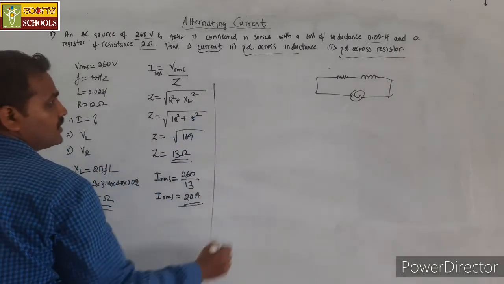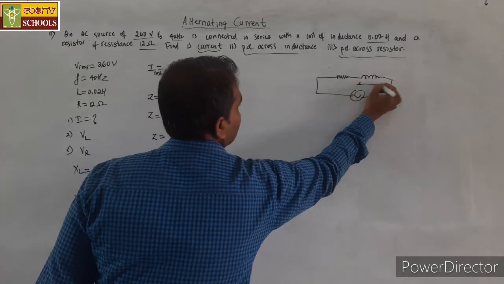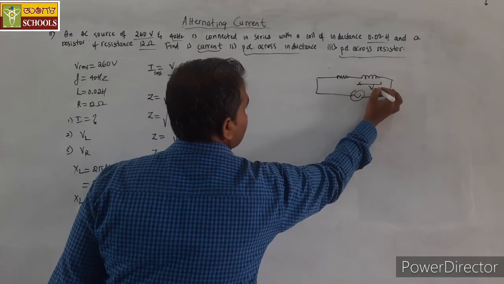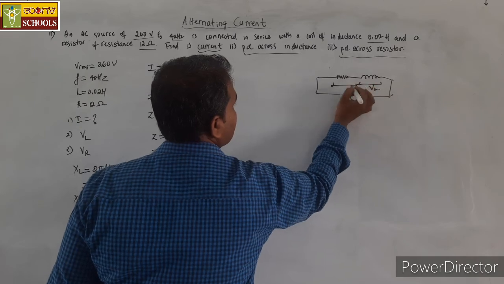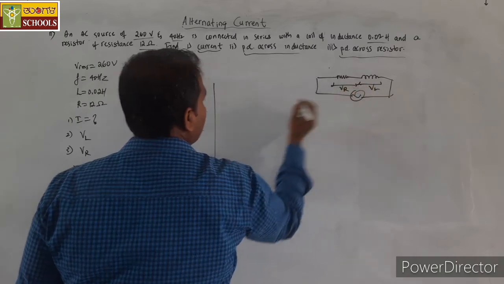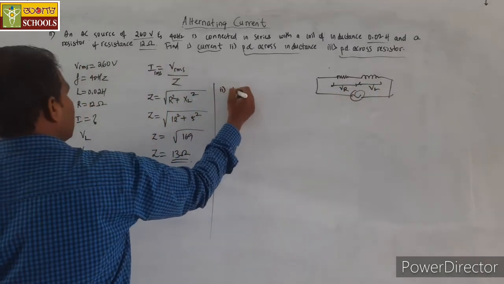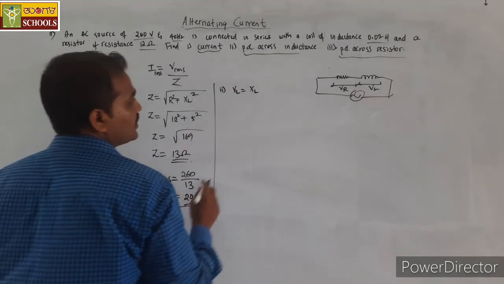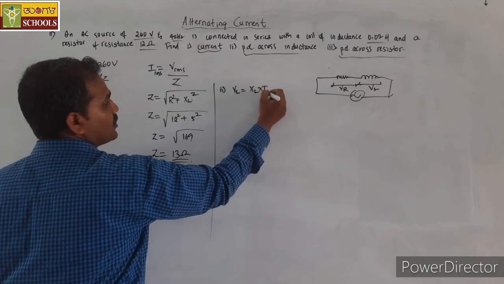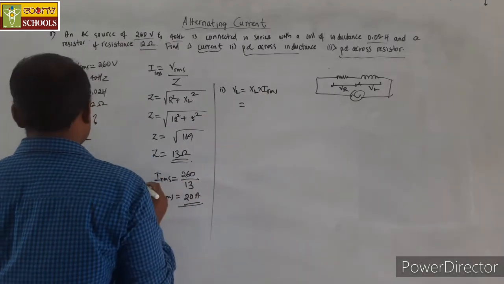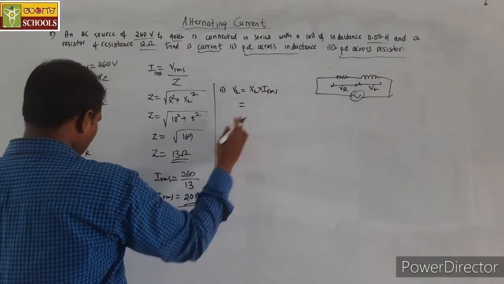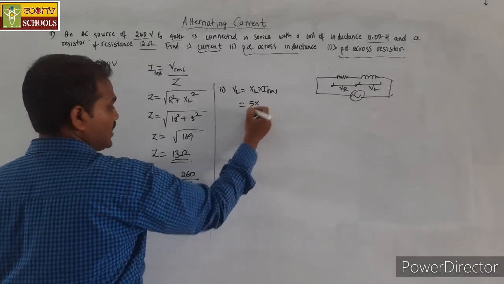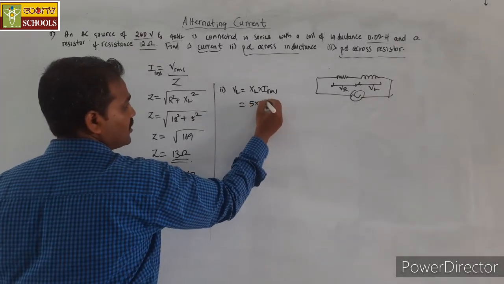Then the voltage across the inductor is VL, and we know that VL is equal to the reactance of the inductor into the current flowing through it, that is XL, which is 5, into I RMS, which is 20.